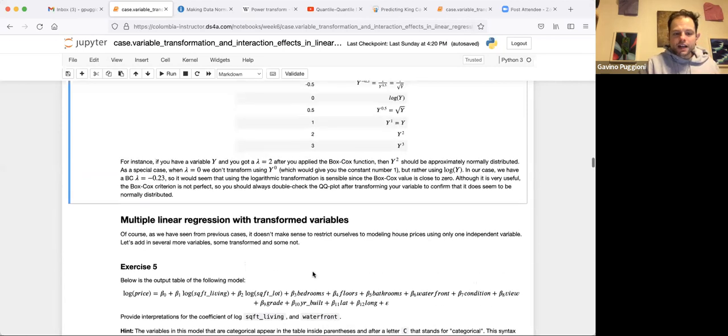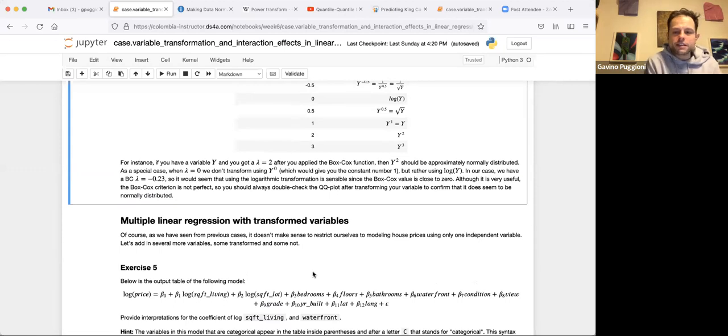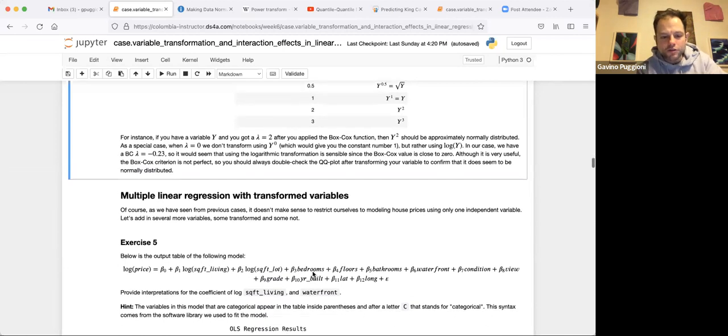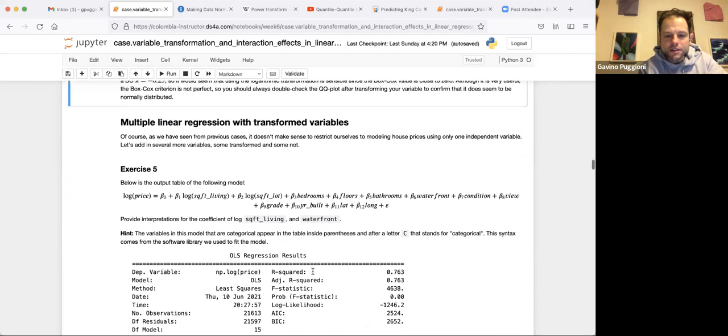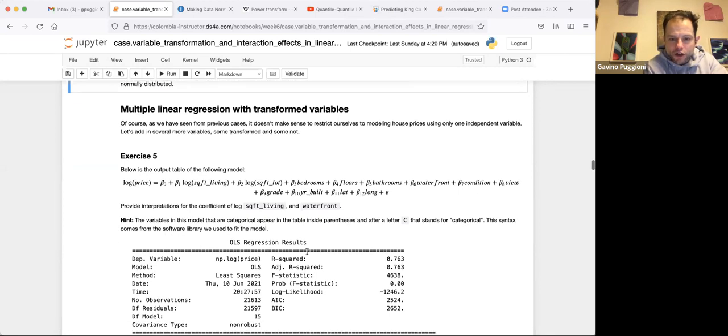So the exercise is asking you to provide interpretation for the coefficient of square foot of living space and waterfront. So let's see the results. Now, the variables in this model that are categorical appear in the table inside parentheses, and after a letter C that stands for categorical. This syntax comes from the software library we use to fit the model.